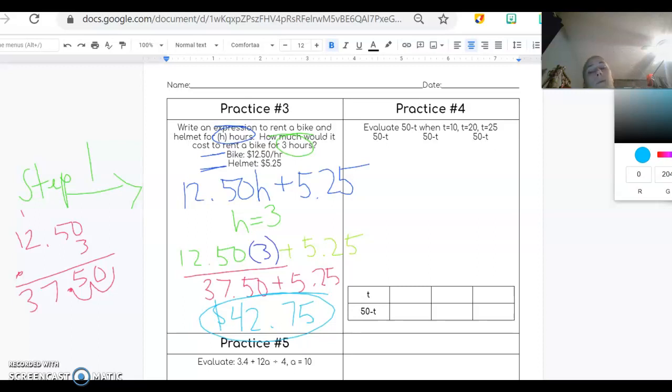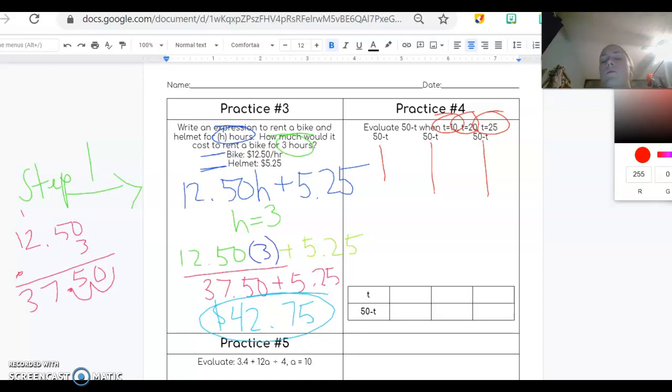Practice number 4, I'm going to get you set up and then I'm going to have you do this one yourself. All right, so we're evaluating 50 minus t when t equals 10, t equals 20, t equals 25. Okay, so I've already set it up for you, so you just are going to solve right here. Solve, solve, okay? So you can kind of split your paper into 3s and substitute t for those 3 different values.